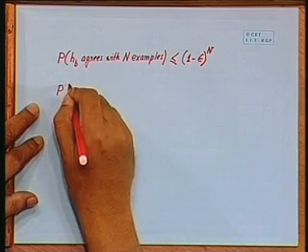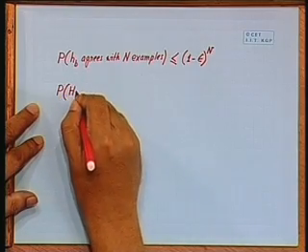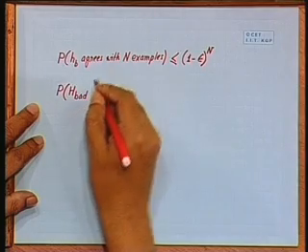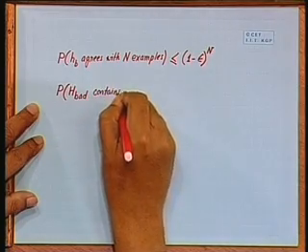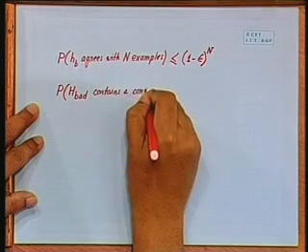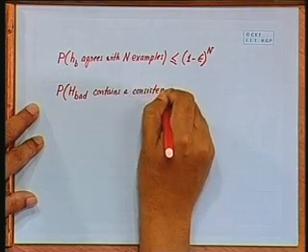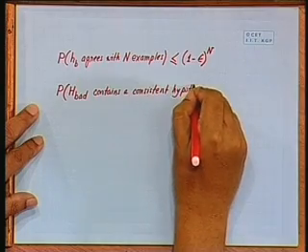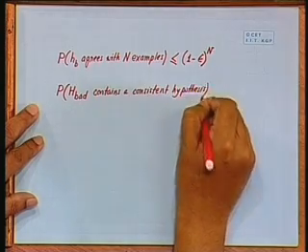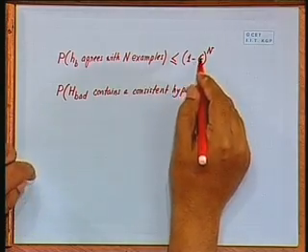Then probability that H bad contains a consistent hypothesis is the sum of these probabilities.